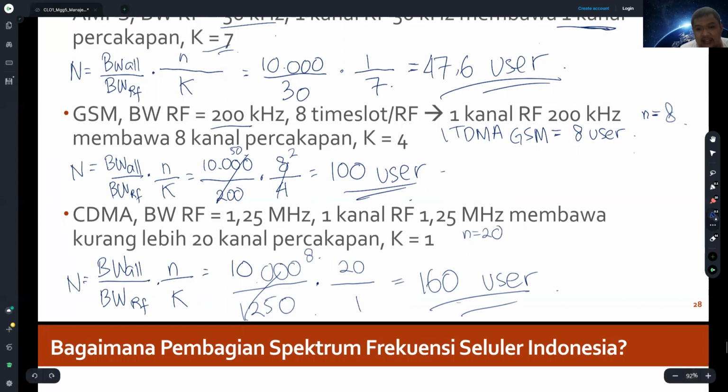To make sure of the answer, let's use the calculator. Divided by 1250. Okay, that's the good answer, 160. So we could see that by using different technology and different values of K, we could obtain different capacity.